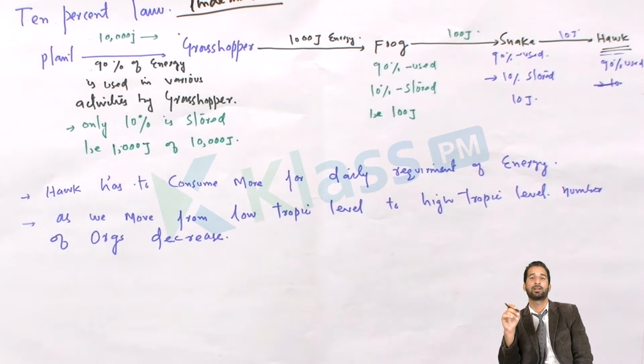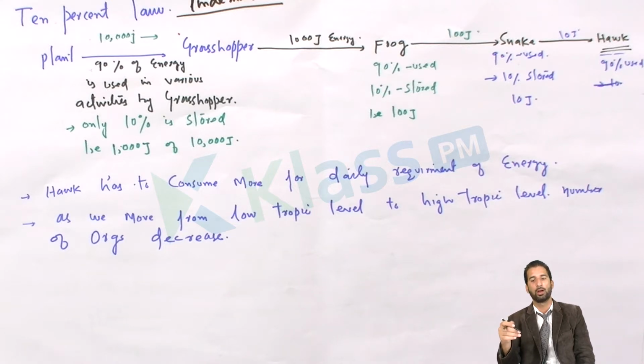It means that there is some mechanism developed in the hawk in order to survive. We will see in the next example how it is possible, how the top consumer survives when there is very little energy available at the top.